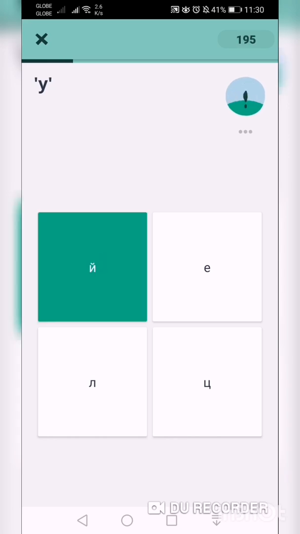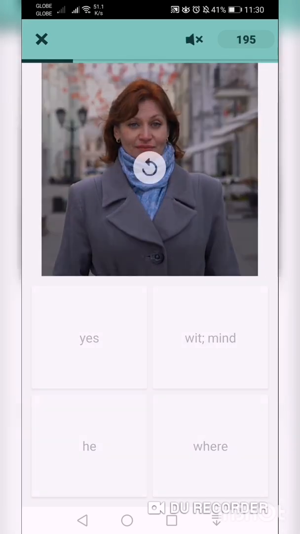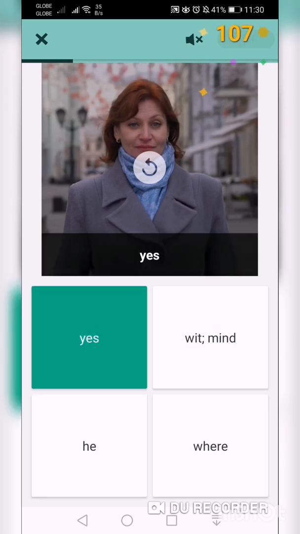Й. Best way I can describe it. Да. Da. Yes.